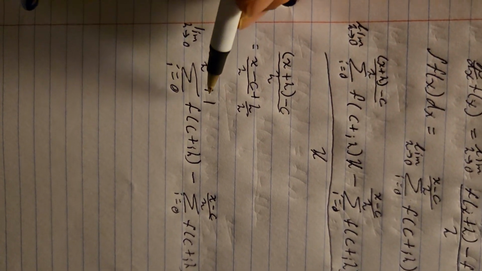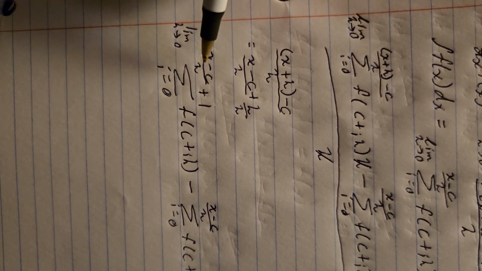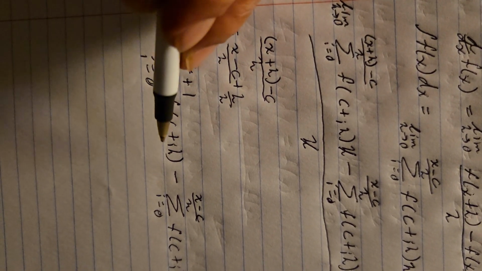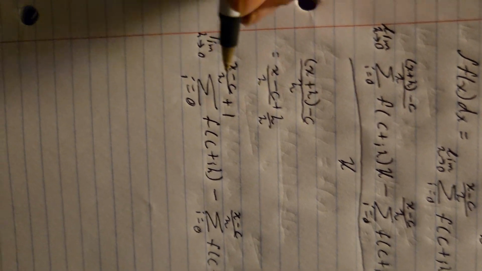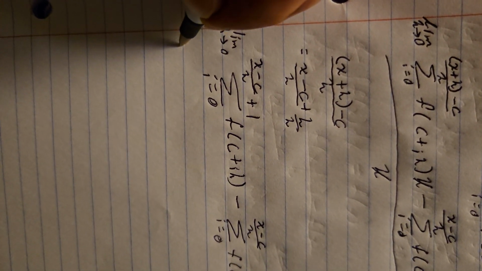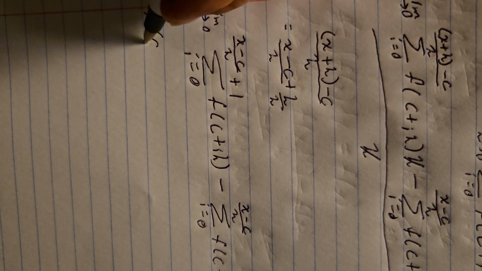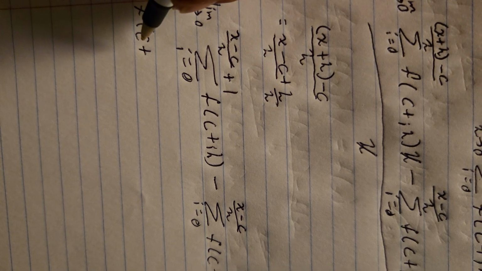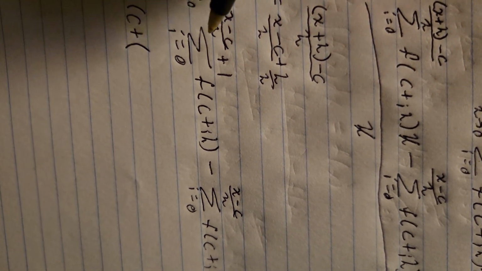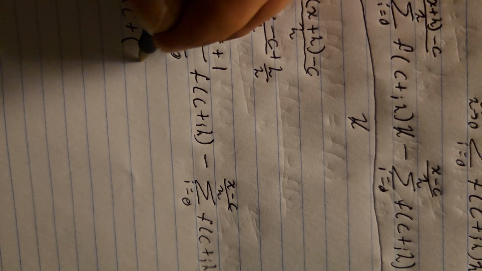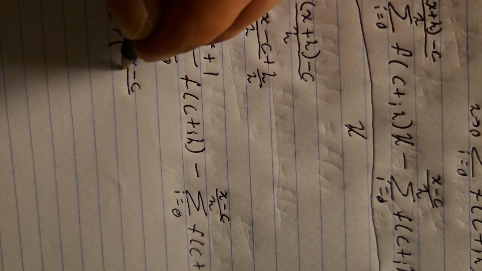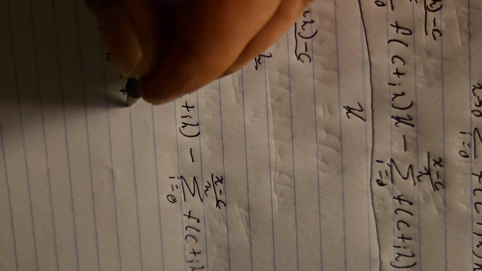What else can we do here? Well, this is the next increment up. So we can bring this down. This goes into your i. We can bring this down. We can say f of c plus, and your i is going to be substituted by this last term, x minus c over h plus 1, times h.